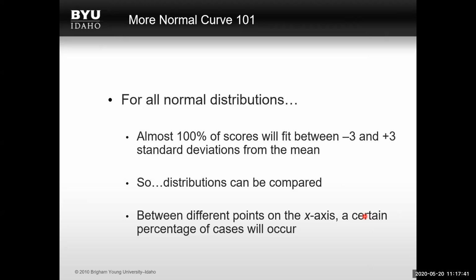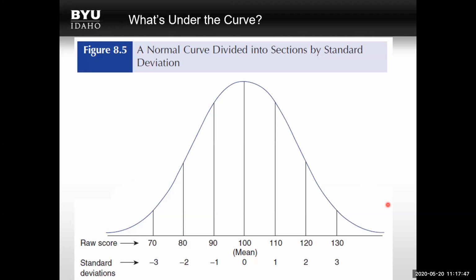So the properties of the normal distribution are that, I'll show you again in this picture because it's easier to see, almost 100% of the values lie within 3 standard deviations of the mean. All right, so whatever this is, let's just say it's IQ scores. The mean is 100. Then you can score 110, 120, 130, right?